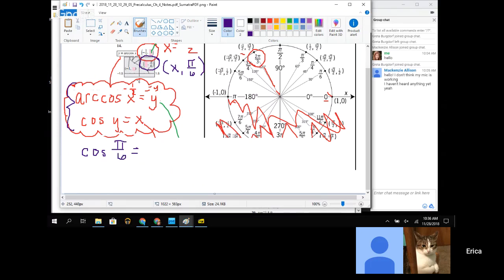Remember, I look right here at my x term. The cosine of pi over 6 is square root of 3 over 2. So that means that my coordinate right here is the square root of 3 over 2.